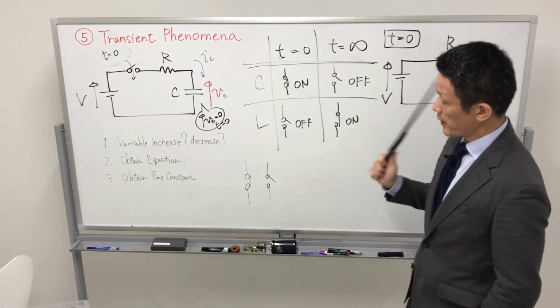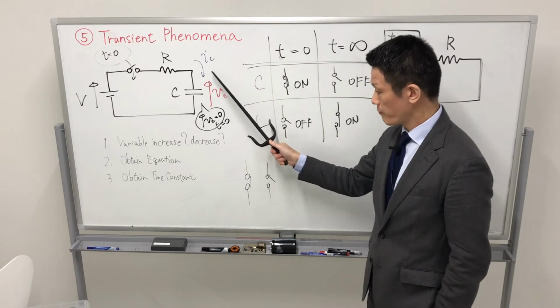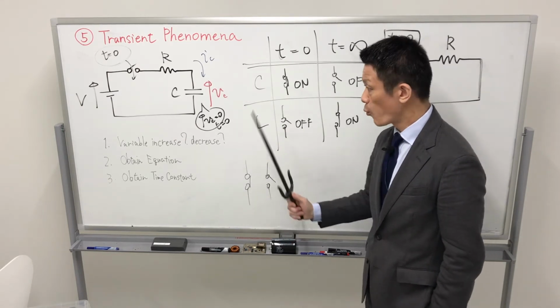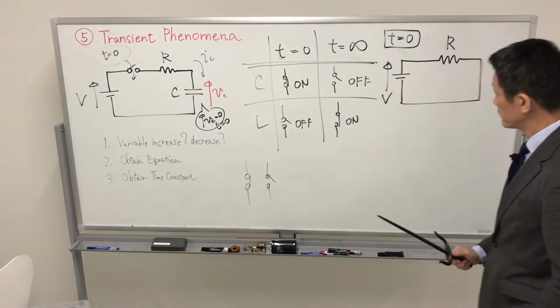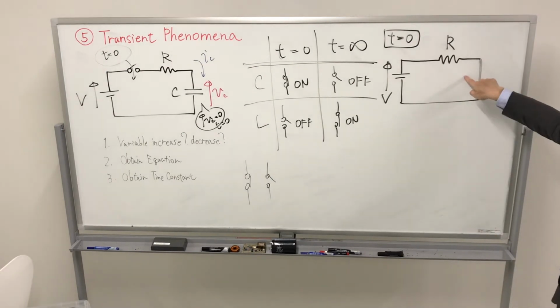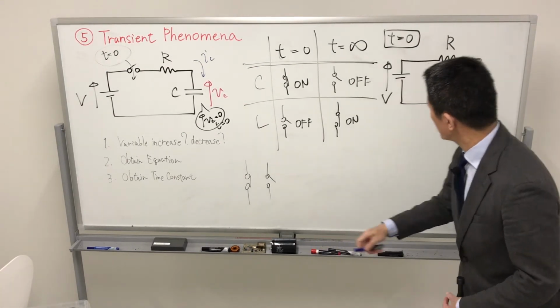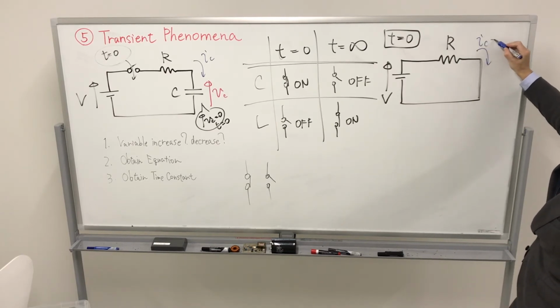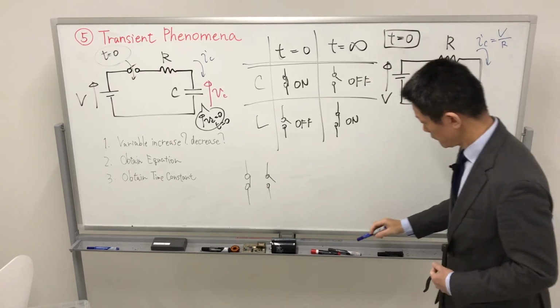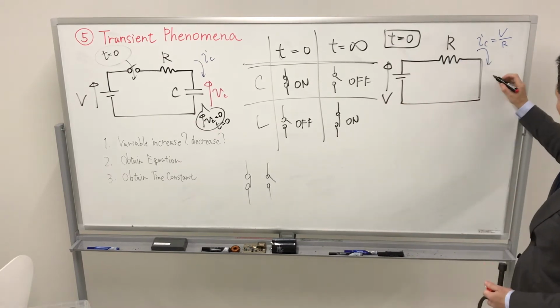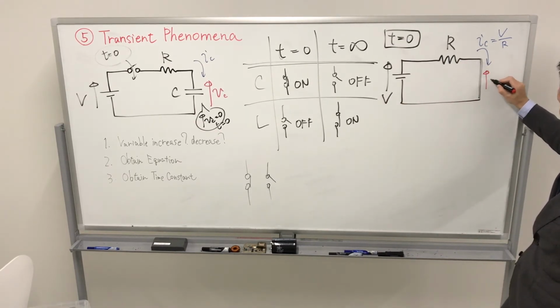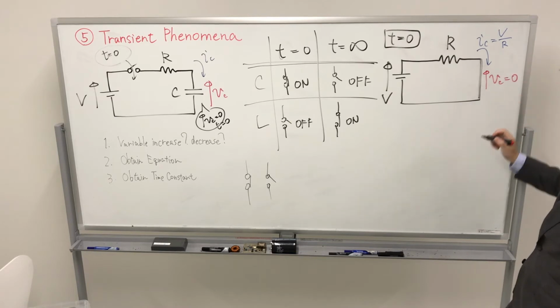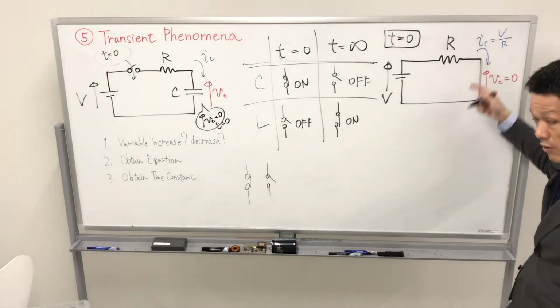We'd like to obtain the VC and IC equations and waveforms. In this circuit, IC is of course very easy also. VC is 0 because it is only a line.